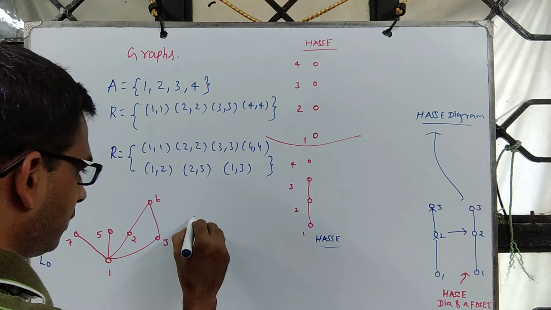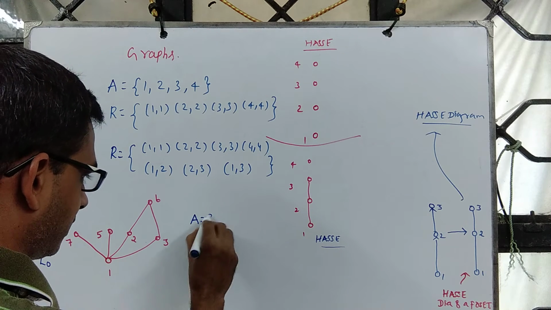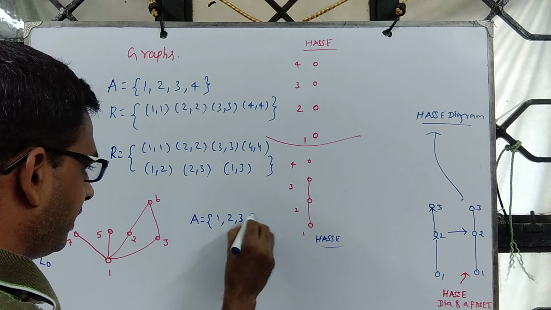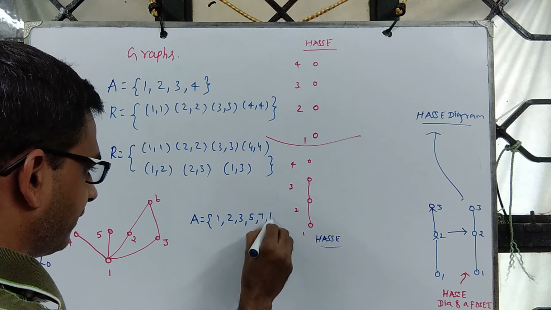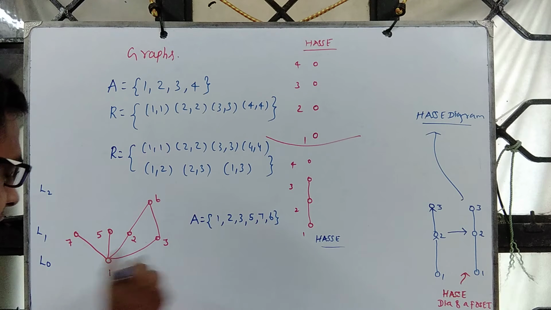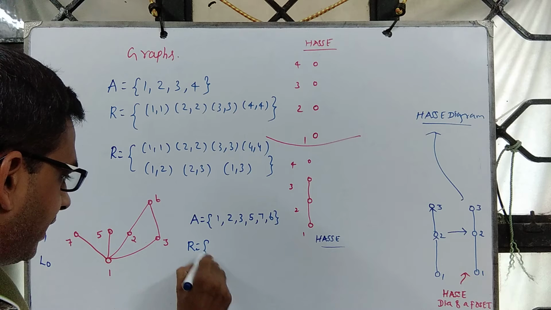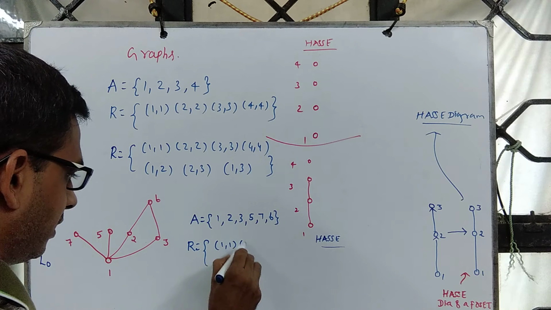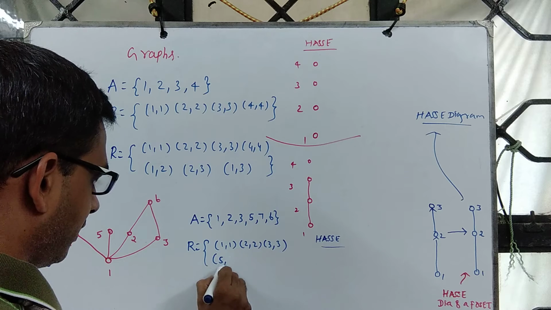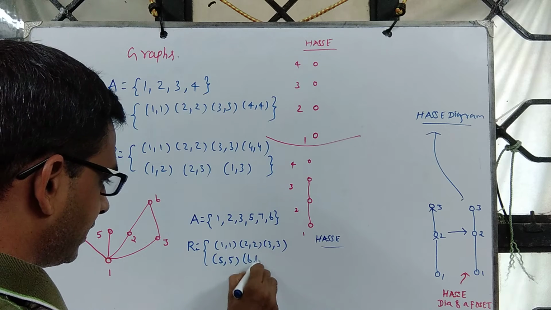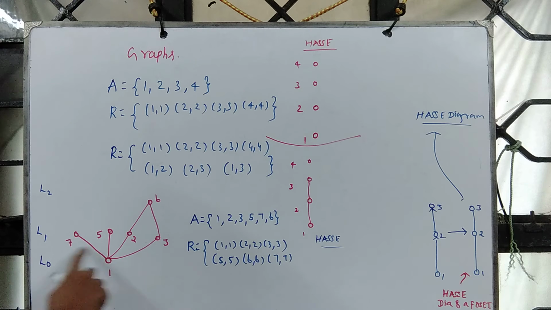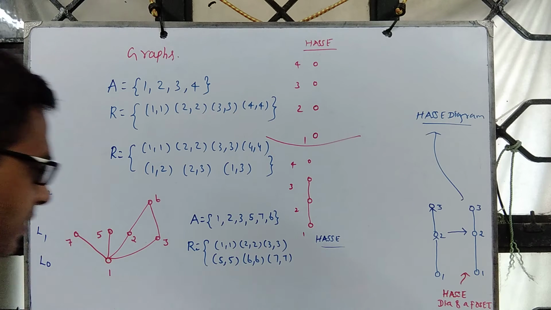Now one can cook up a relation out of this. The underlying set has 1, 2, 3, 5, 7 and 6. Implicitly you have the underlying relation as (1,1), (2,2), (3,3), (5,5), (6,6), (7,7). These are all reflexive arcs.